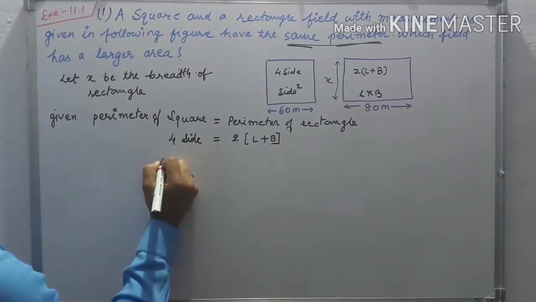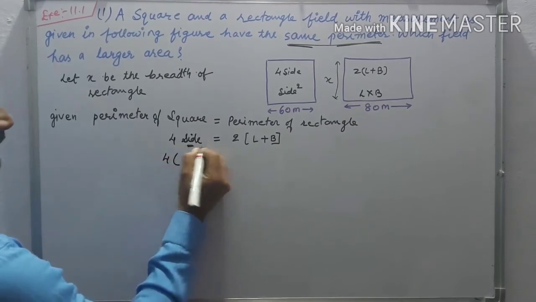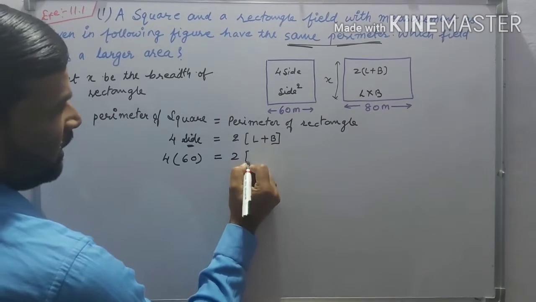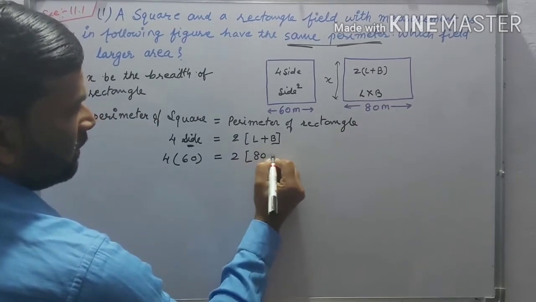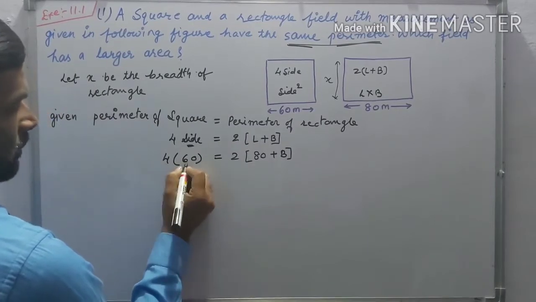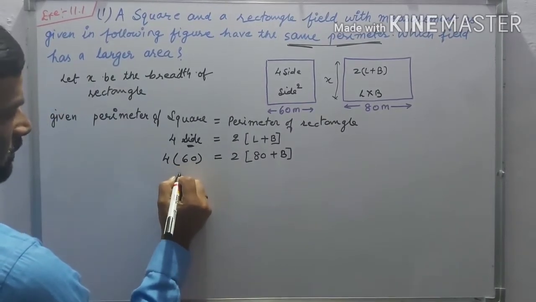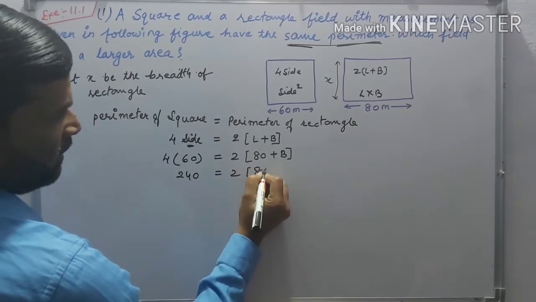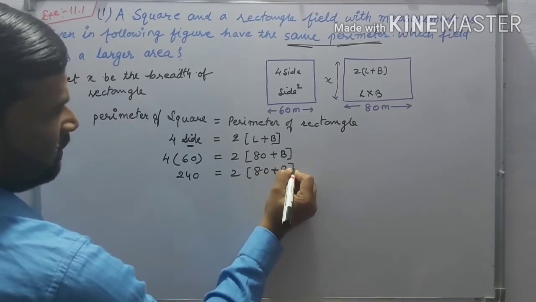Now put the values: 4 into side, which is 60, equals 2 into (L, which is 80, plus B). Multiplying, 4 into 60 is 240, equal to 2 into (80 plus B).